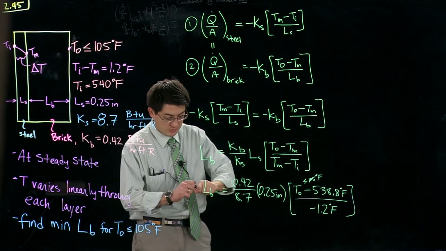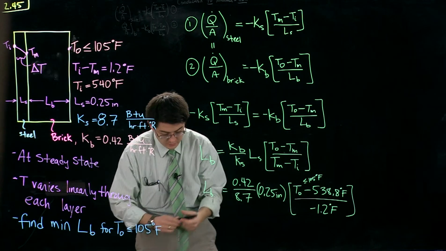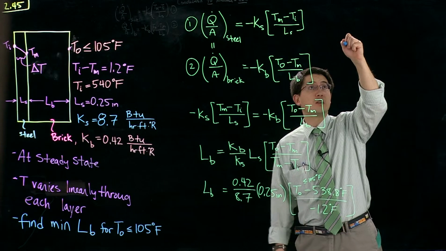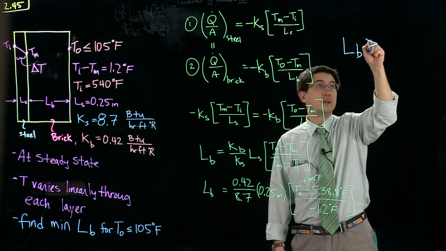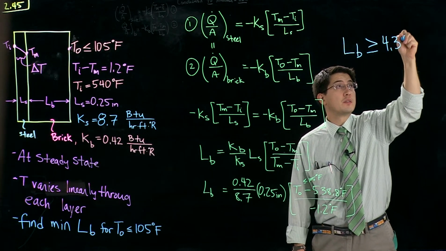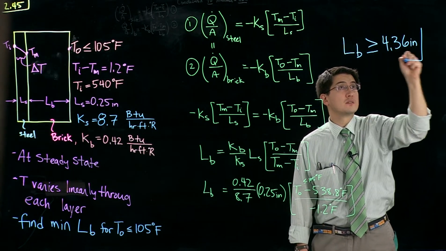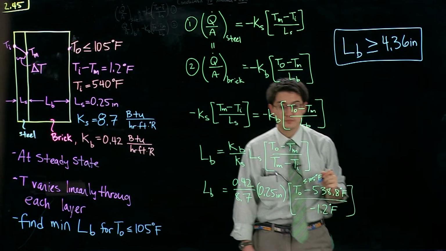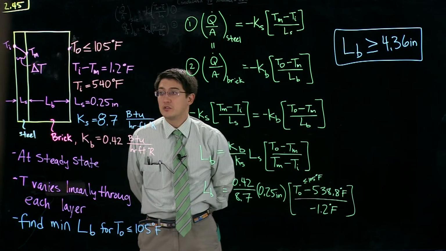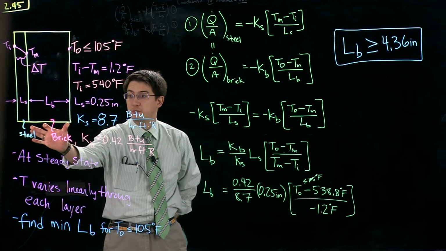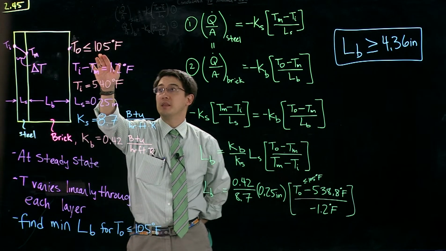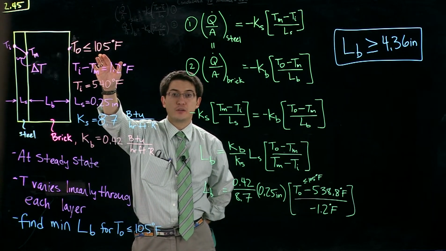So I can say here, Lb is going to be greater than or equal to 4.36 inches. All right, so minimum, this brick wall has to be 4.36 inches. That will satisfy this outer edge at 105 degrees Fahrenheit.